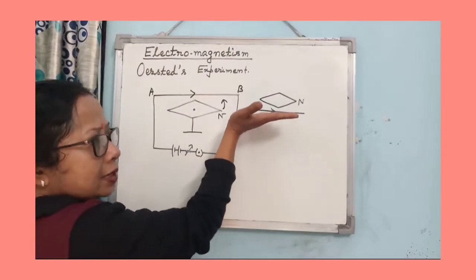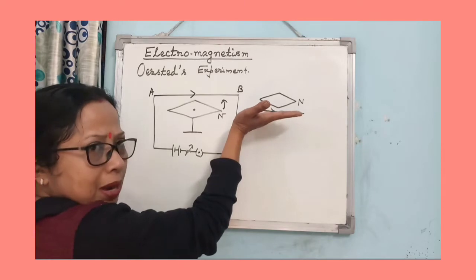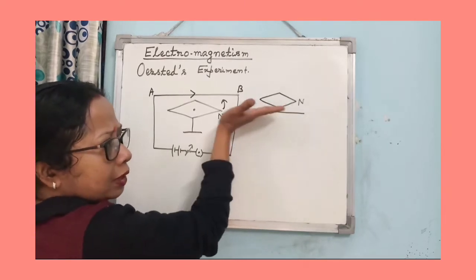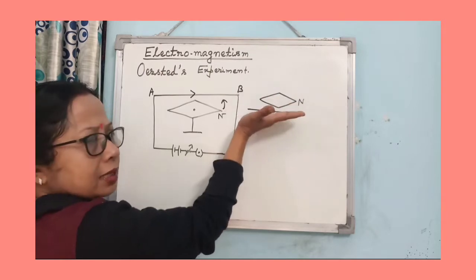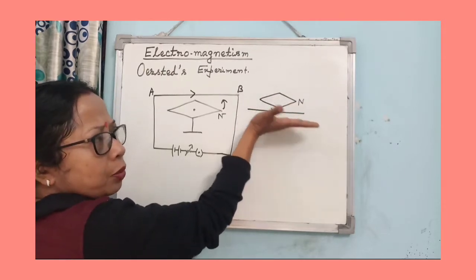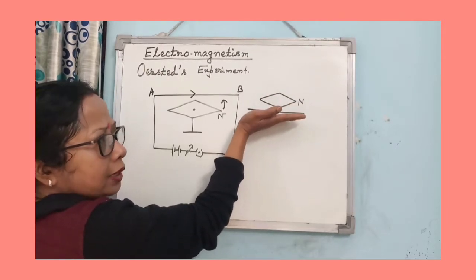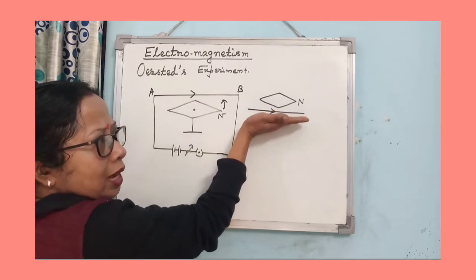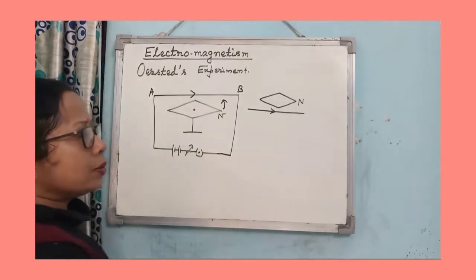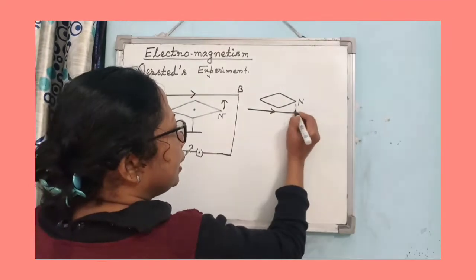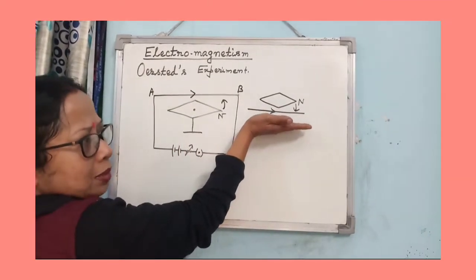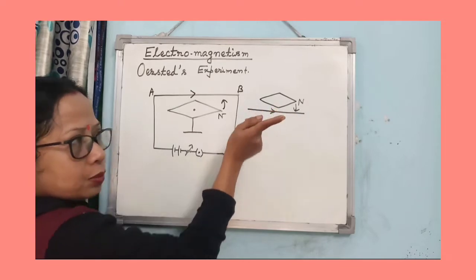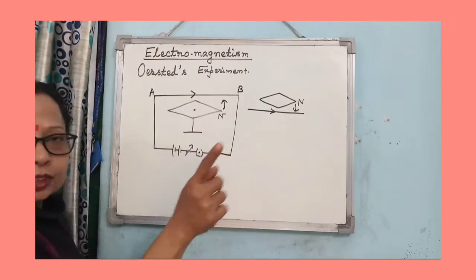As I said, set your right hand palm in such a manner that the four fingers are along the direction of the current, palm facing the needle. Then you see the thumb will give you the direction of deflection. So how is the thumb moving? Like this. So you see the north pole will move in the outward direction.